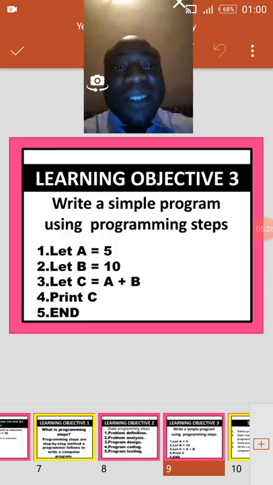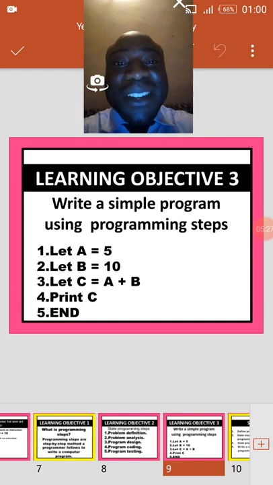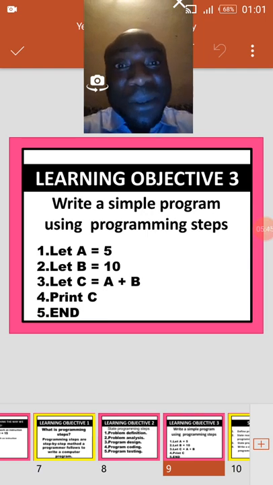Now remember I said we are going to write a simple program. Look at the board. Can you see a simple program on the board? This is how a computer works on instruction. Now remember, who thinks for the computer? We do. Human beings think for the computer because the computer is a machine.